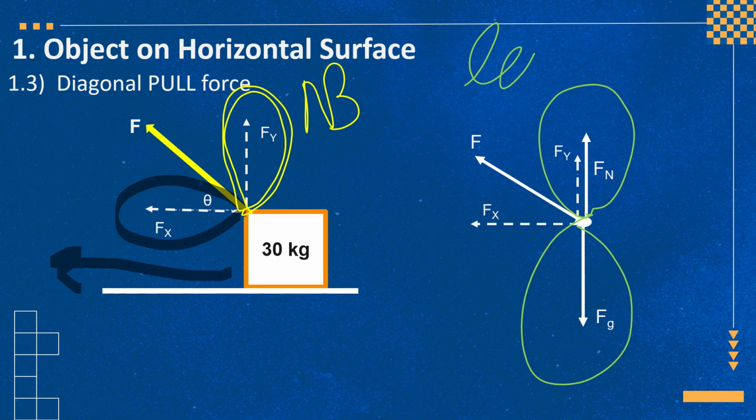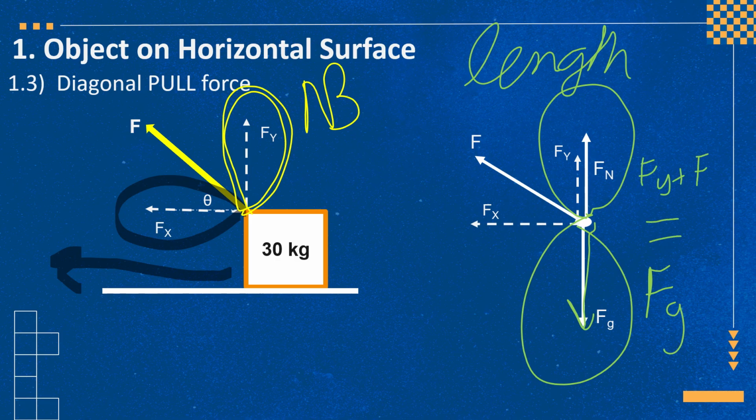Again, let's talk about the length of each vector. Fg is this time longer. Why? Because for that box to stay on the surface, Fg must cancel out Fy plus Fn. So the combined length of Fy plus Fn must be equal to the length of Fg.